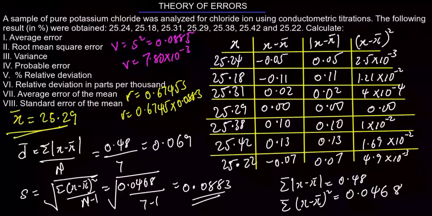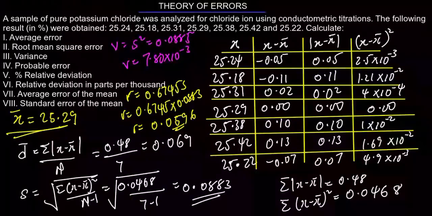So 0.6745 times 0.0883 will give me 0.0596. So that is my probable error. I've gotten this already, so I'll go ahead to erase this table because I won't be needing it again.